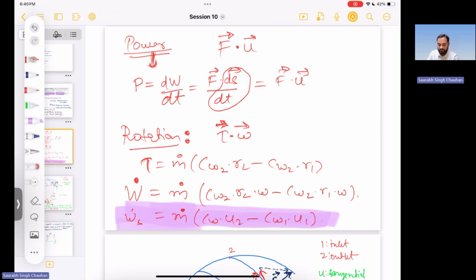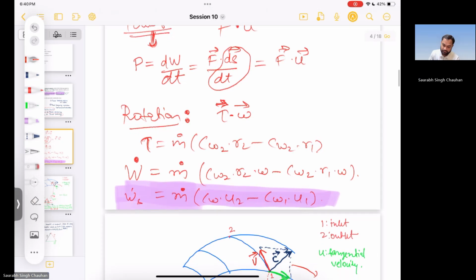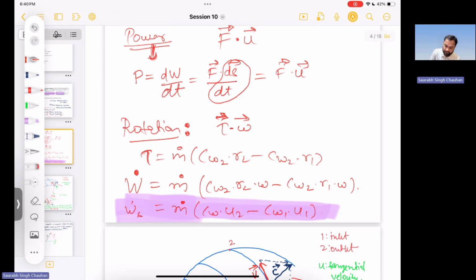So from this equation, you can clearly see, you are multiplying by omega.